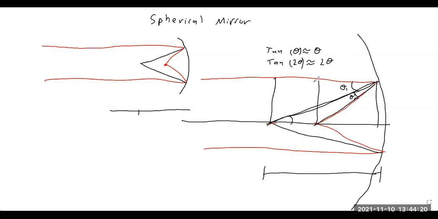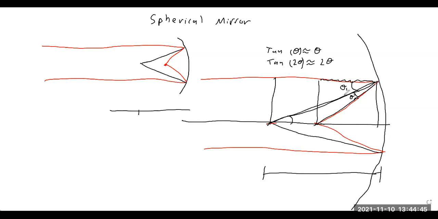So if our tangent is twice as big and the opposite side is just as big, that means our adjacent side needs to be half as big.